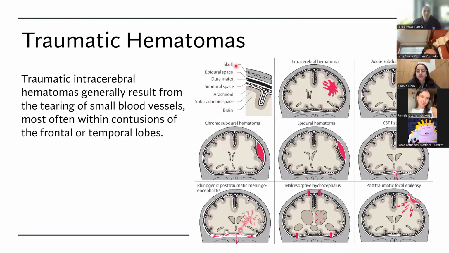So for example, if we're talking about the skull, we have the epidural space, the dura mater, the subdural space, the arachnoid meninge, and then the subarachnoid space, and then we have the brain.